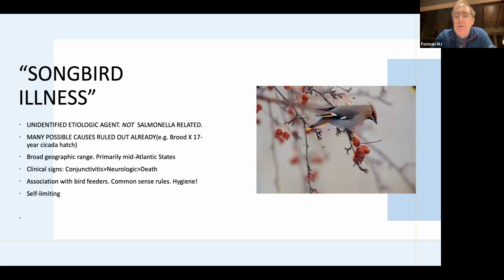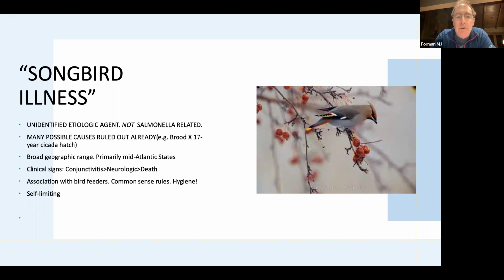So do anything we can in terms of our part to reduce transmission, and there's always a possibility some of these diseases may be transmissible to other species as well. In my reading, I didn't see that songbird illness was transmissible to people or to domestic pets. But again, you always want to play it safe and be conservative.